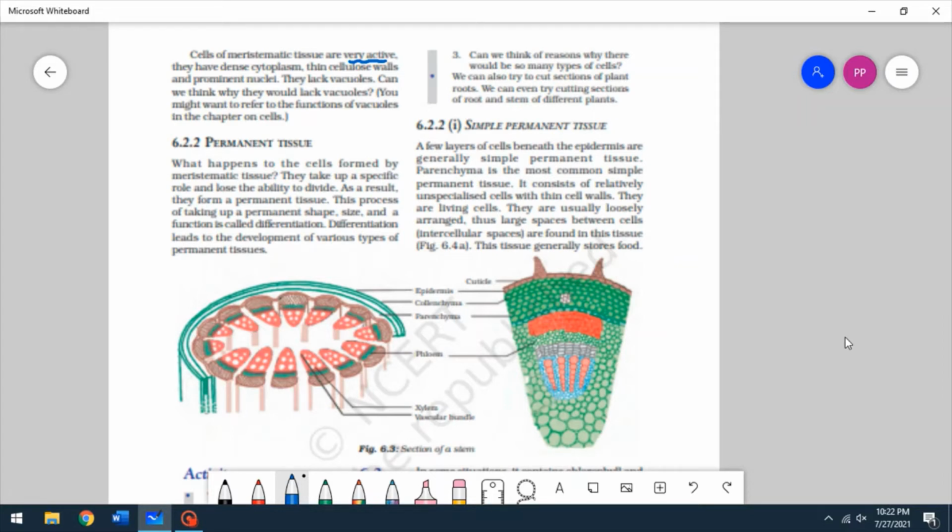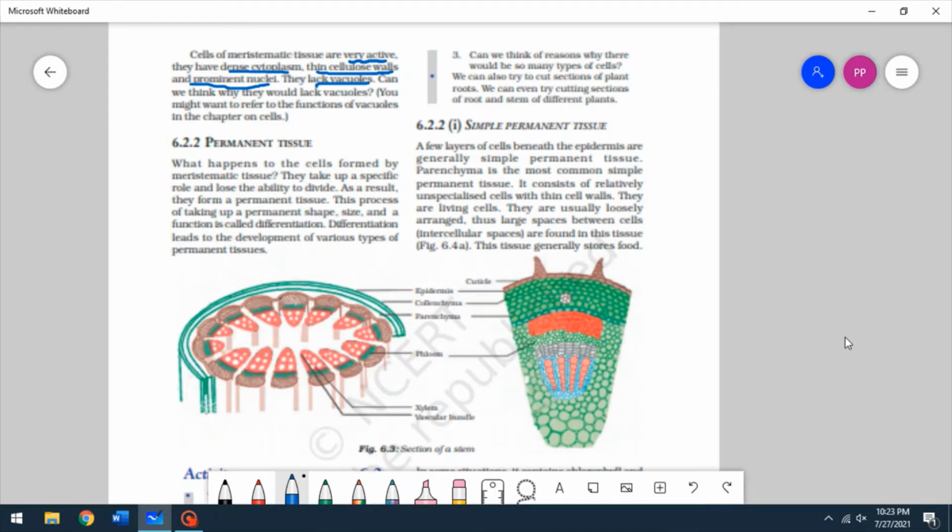So it has to be dividing a lot, right? And if it's dividing a lot, it means that it's very active. So they have a dense cytoplasm, thin cellulose walls, and a prominent nucleus. They lack vacuoles, and here is a question that asks us, do you know why they lack vacuoles? You have to refer to the functions of vacuoles in the chapter on cells. I am not going to give you the answer because I want you to do your own fair share of research and come up with the answer on your own.